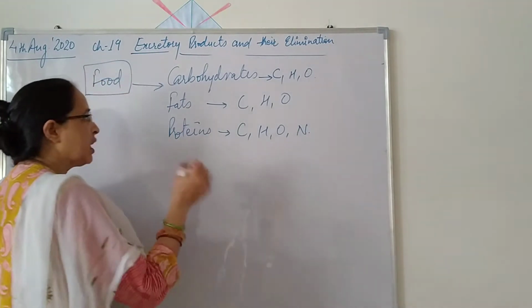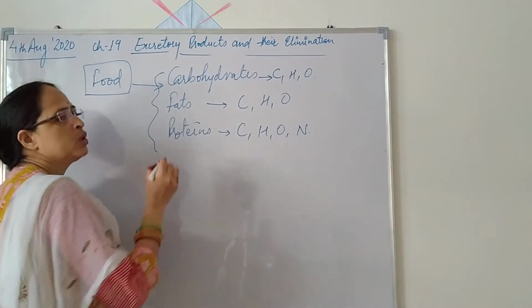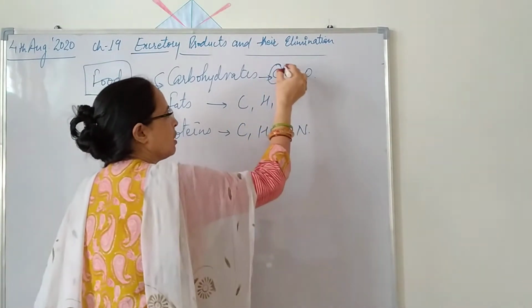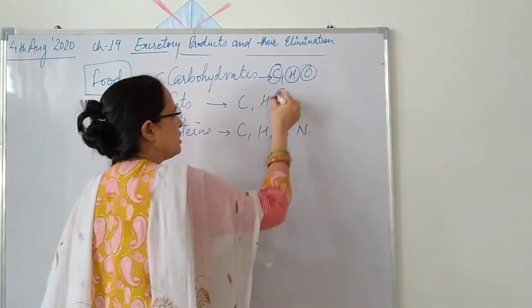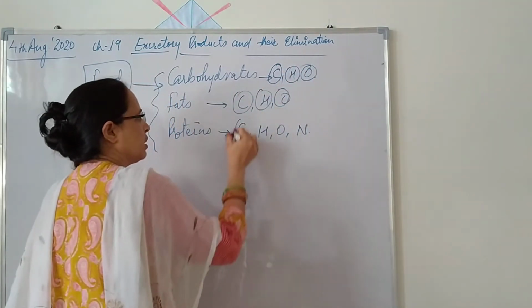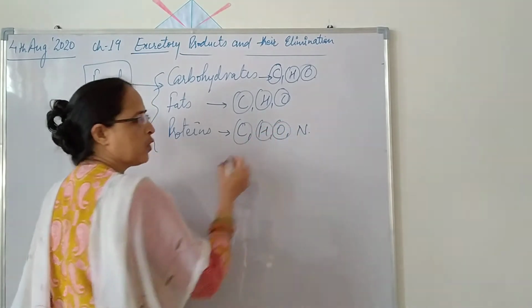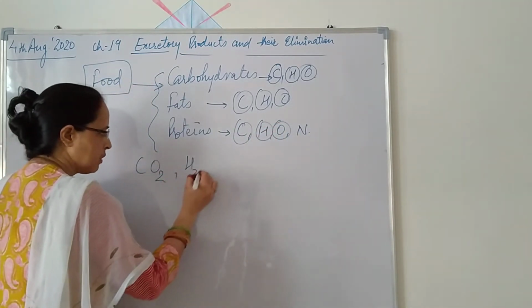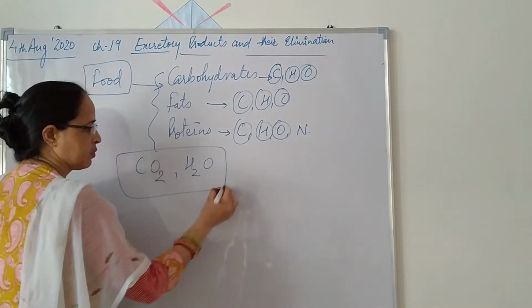So when the digestion of these food components occurs in the body, carbon, hydrogen and oxygen are released from the body in the form of carbon dioxide and water.